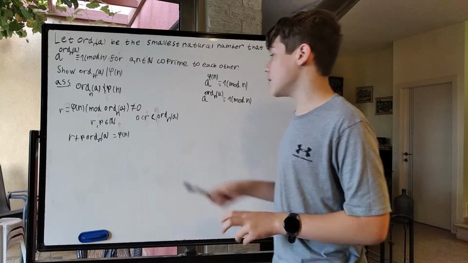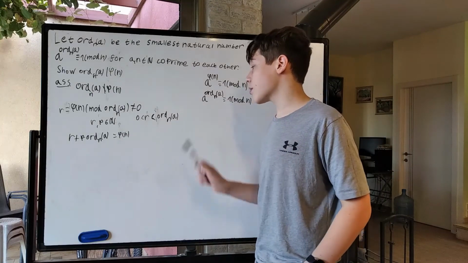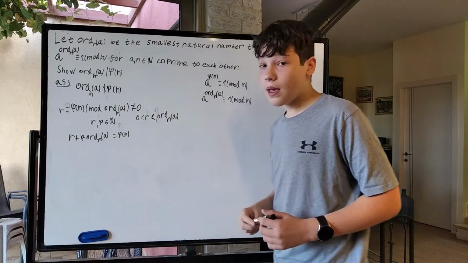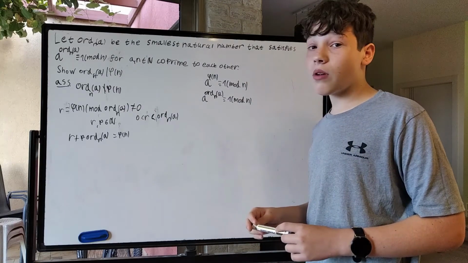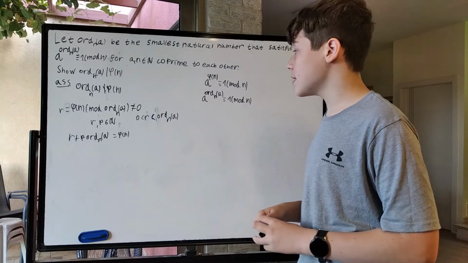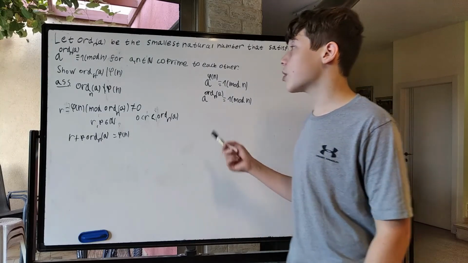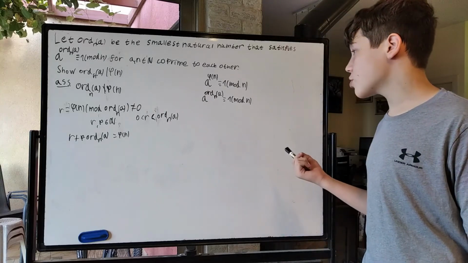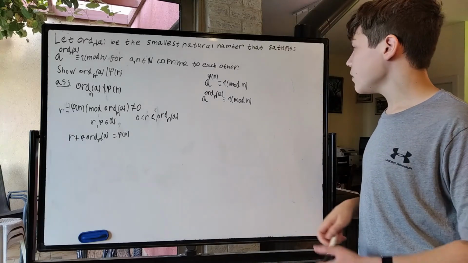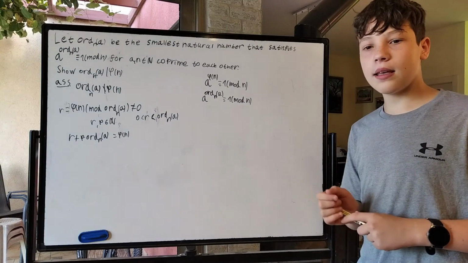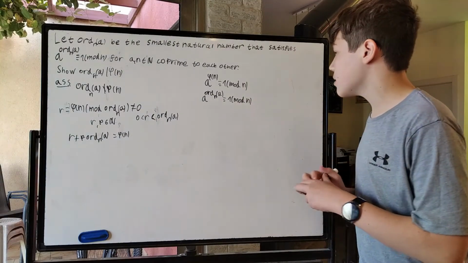And because we can see r is a natural number and is smaller than order a of n, it could very well be the case, and actually is the case, that r is the number we're looking for to make a contradiction with. And this is how we do it.